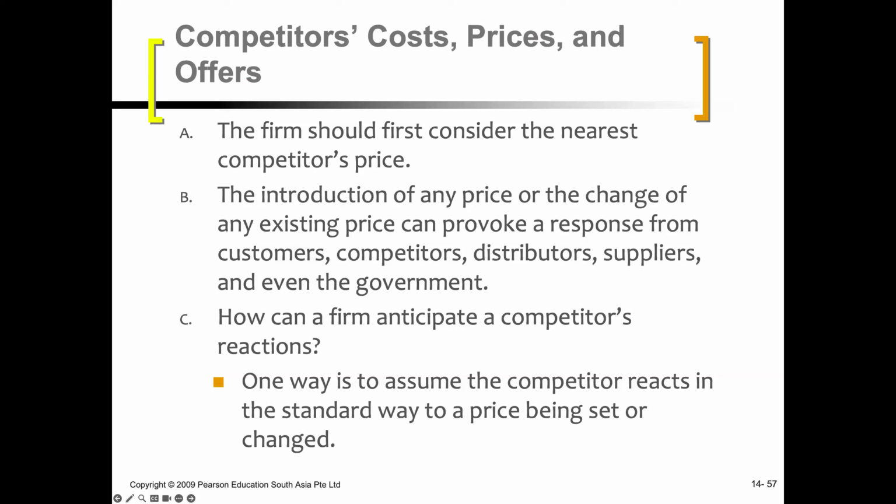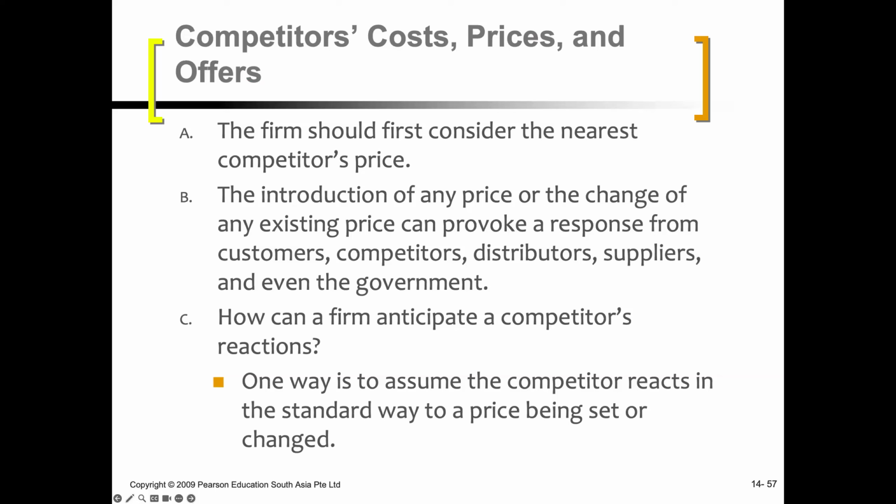So you should consider the nearest competitor's price. And the introduction of any price, or the change of any price, can provoke a response from your customers, competitors, distributors, suppliers, and even the government.